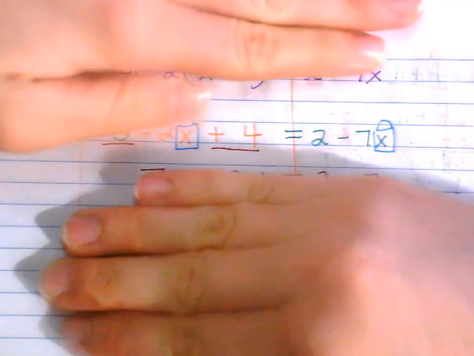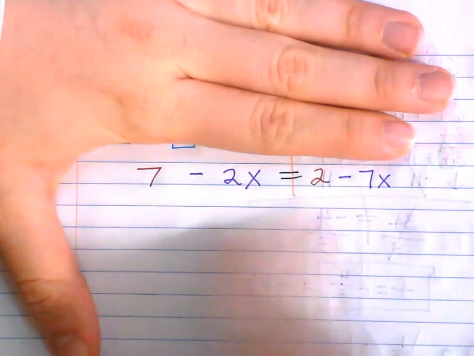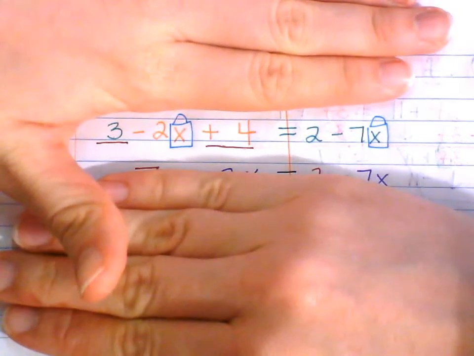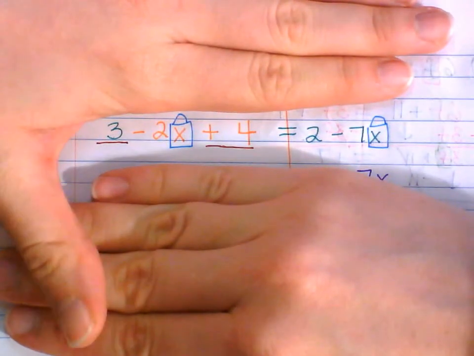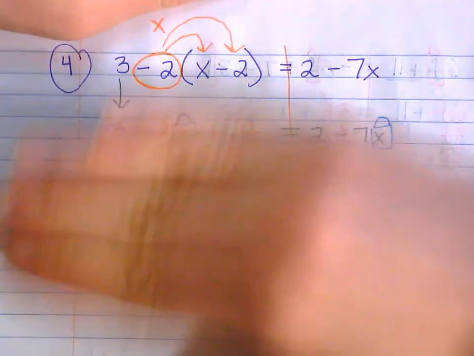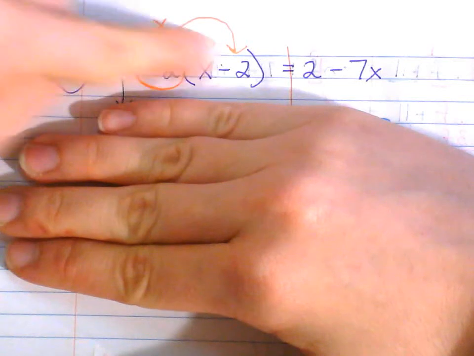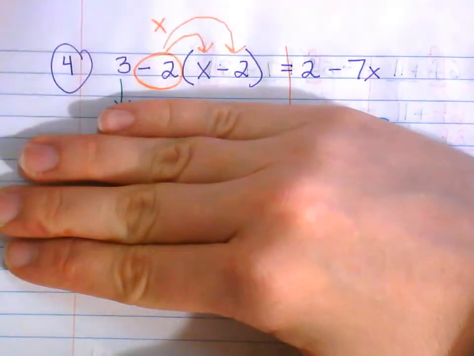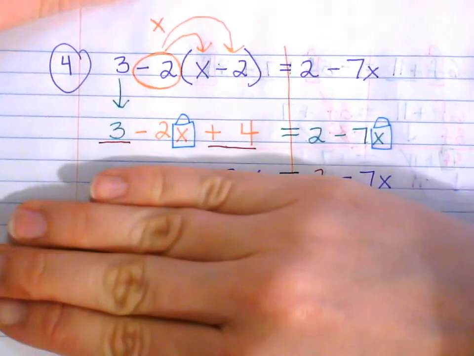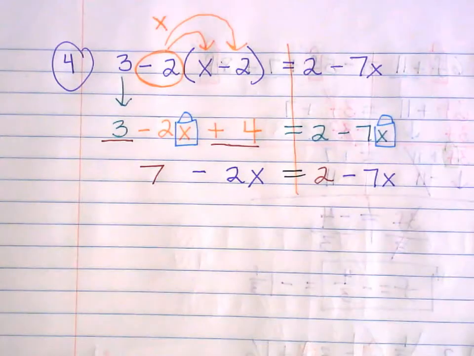But here there's like terms on each side that we have to combine. The maximum level that we're doing in this video is distributive property. You have to distribute first, then combine like terms on each side. Now combine like terms to solve it.